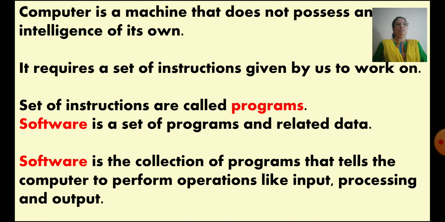So, we are using software also, right? Software is a program and related data. Software is a collection of programs. It tells the computer to perform operations like input, processing and output.